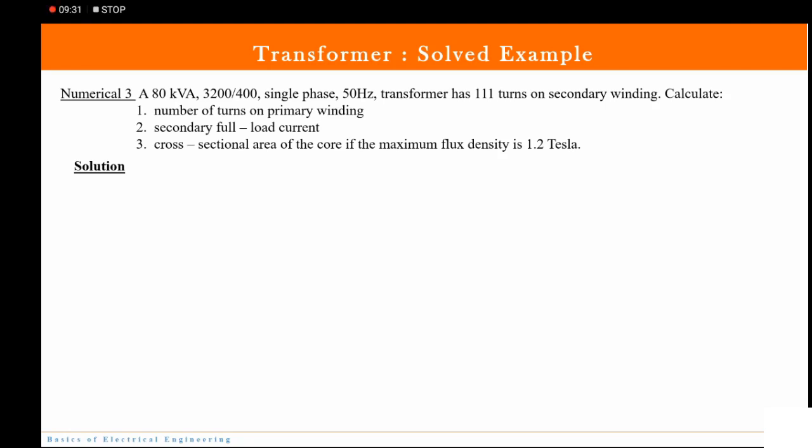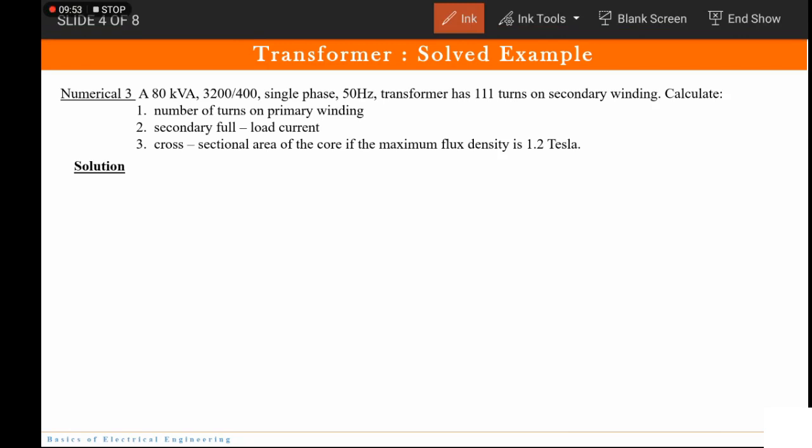It says that an 80 kVA, 3200 by 400, single phase, 50 Hz transformer has 111 turns on secondary windings. Calculate. Fine. So let us see what all values are given here. The kVA rating is given, which is 80. Now 3200 by 400 is given.